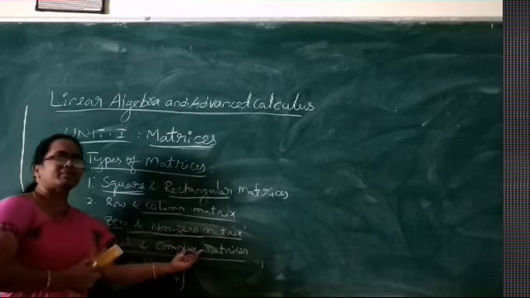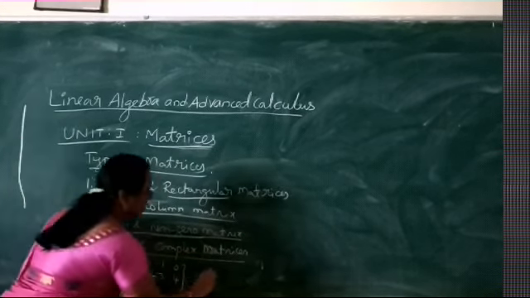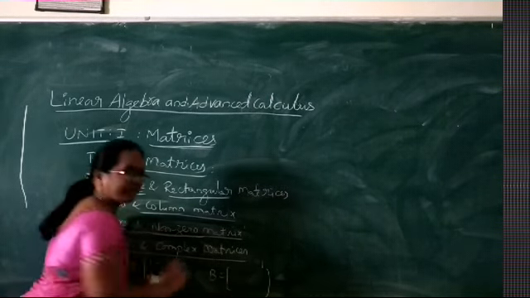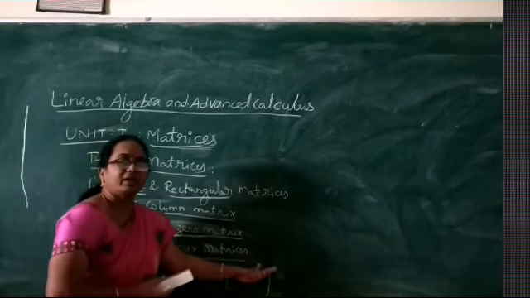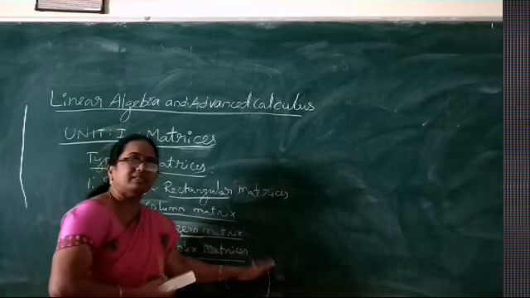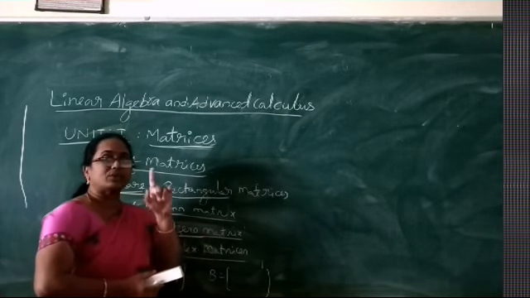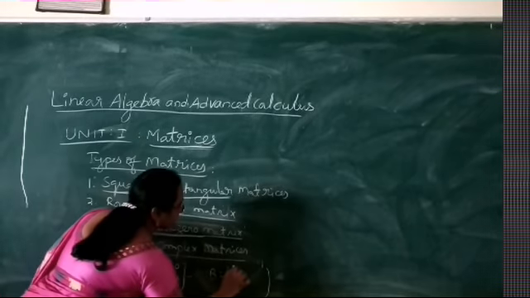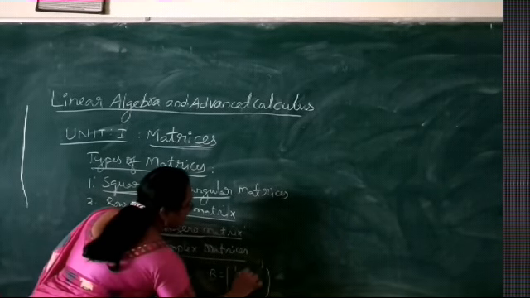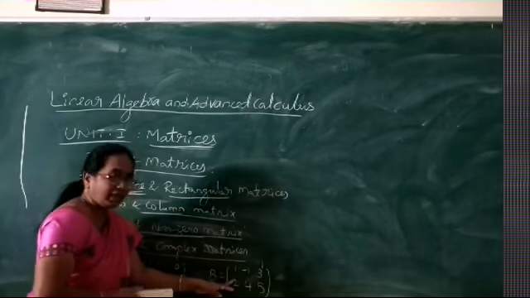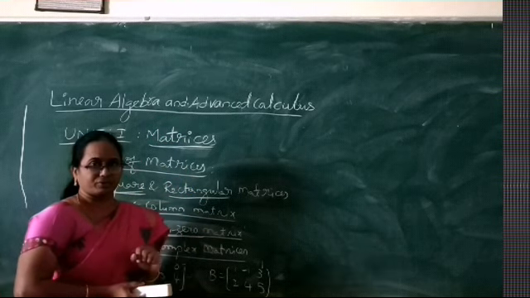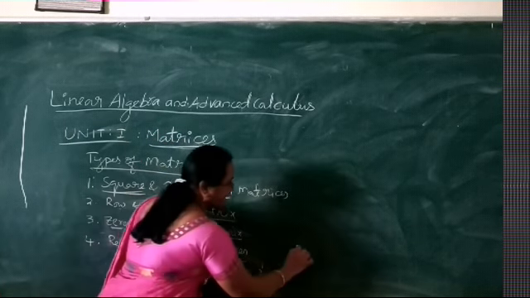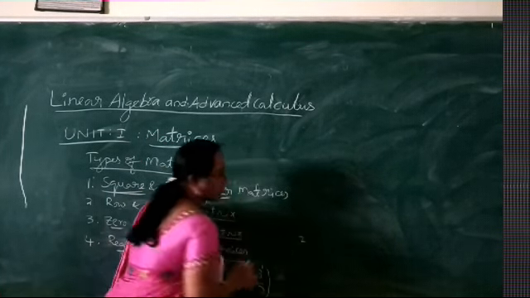And coming to a complex matrix, suppose in a matrix, whatever may be its order, at least one of the elements is complex. For example, if it is 1, minus 1, 3, 2, 4, 5. Clearly, every element is a real number, but every real number is a complex number also, as we all know. Because suppose we consider the real number 2.